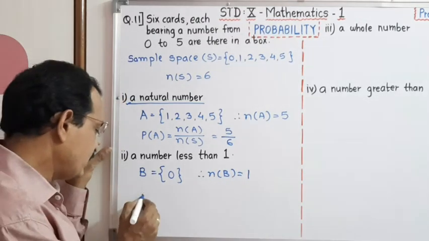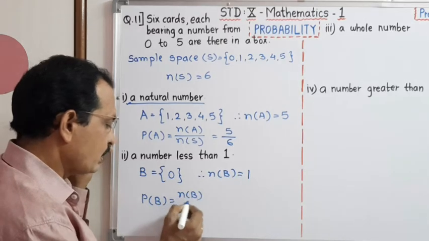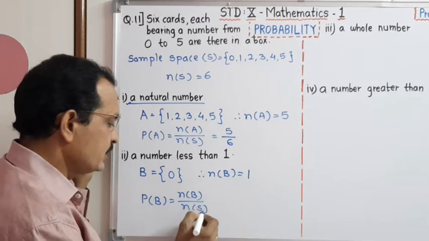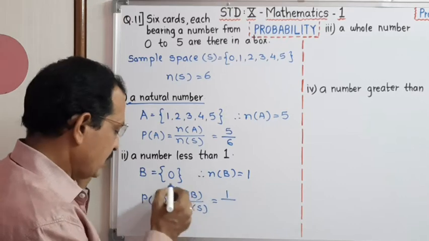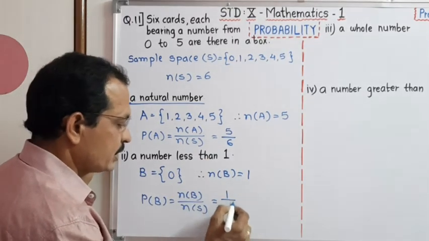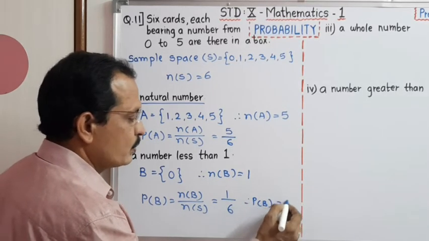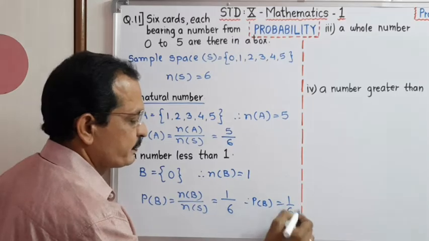And the probability for that event, P(B), is equal to n(B) upon n(S). Dear student, n(B) is 1 and n(S) is equal to 6. Therefore, the probability of event B is equal to 1 upon 6.